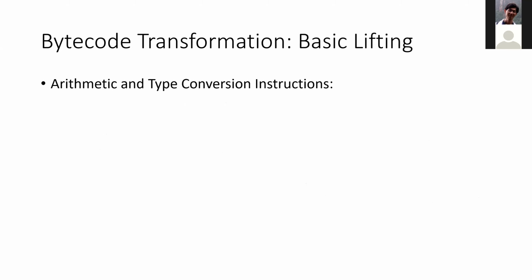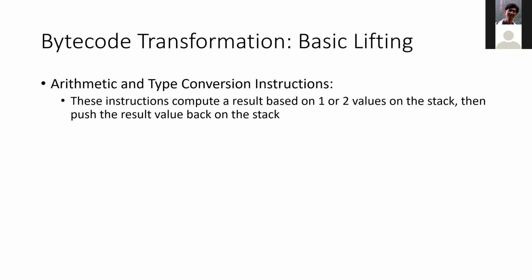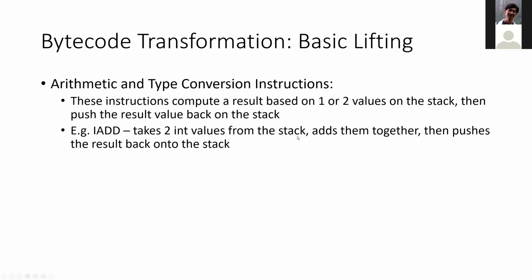Yeah. Then for arithmetic and type conversion instructions, these instructions usually just compute a result based on 1 or 2 values on the stack and then push the result value back on the stack. So for example, iadd takes 2 integer values on the stack, adds them together, and then pushes the result back onto the stack.